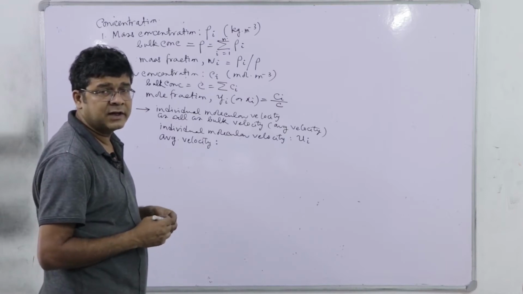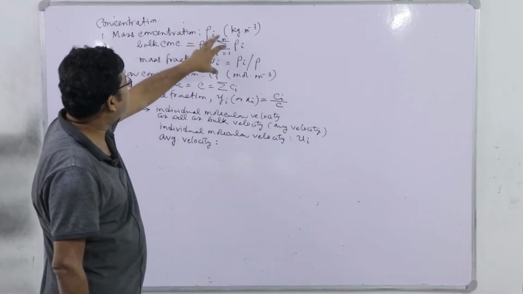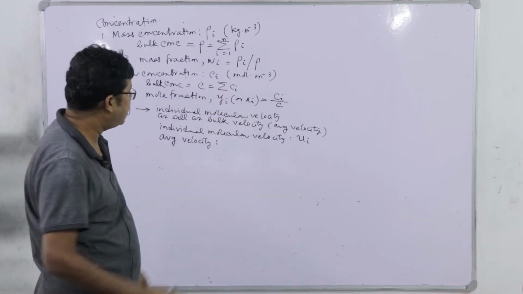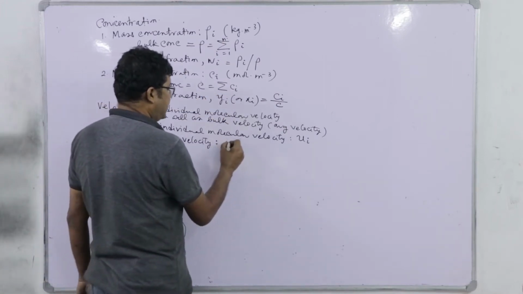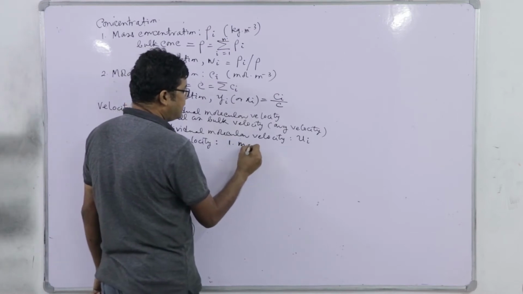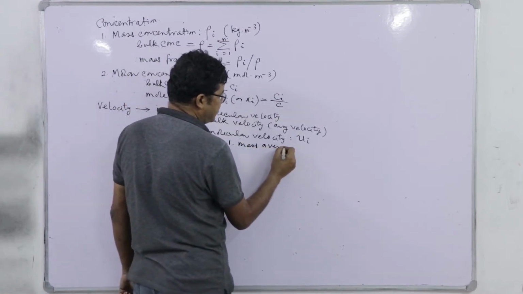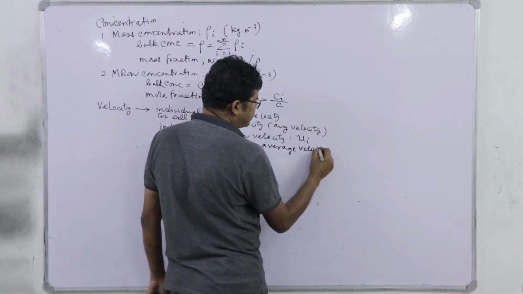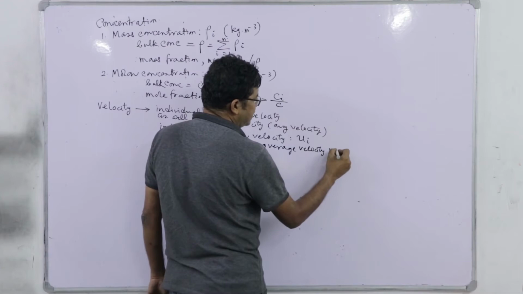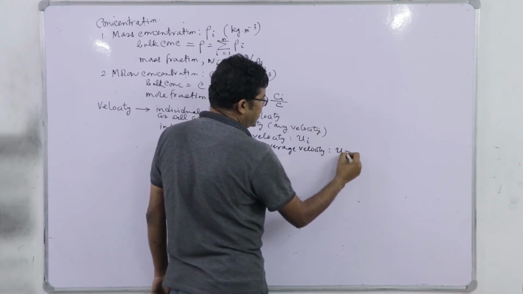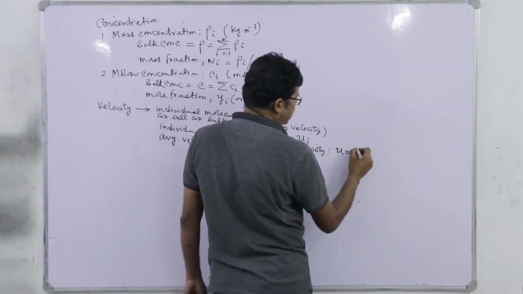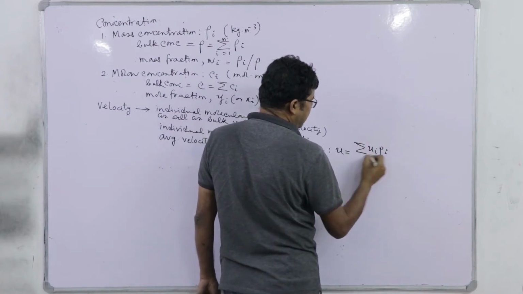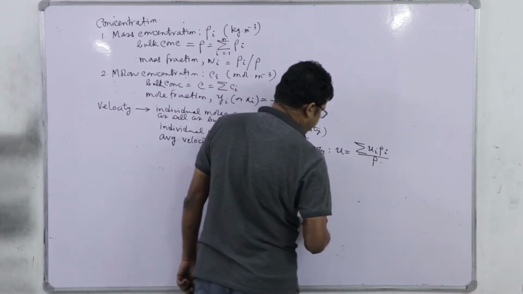It is a weighted average. We can weigh it with rho i, or alternatively with C i. So, we have first the mass average velocity, which is small u, and that is equal to the summation of U i rho i divided by rho.